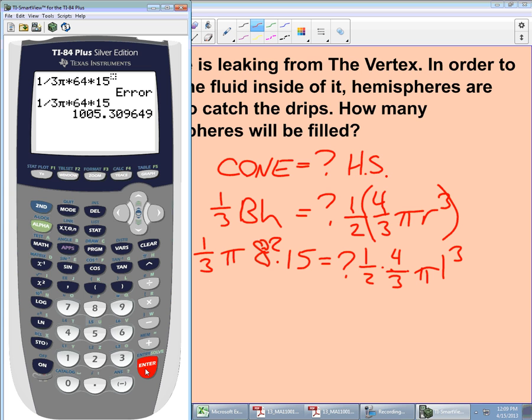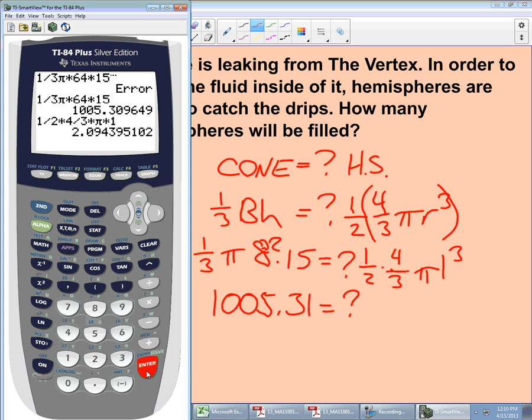Okay, so we got 1005.31 in the ballpark thereof equals how many of that hemisphere? We want 1/2 of 4/3 pi, and you've got 1 times 1 times 1. 1 cubed is, of course, 1, so you don't even have to put that in, but you can if it makes you feel better.